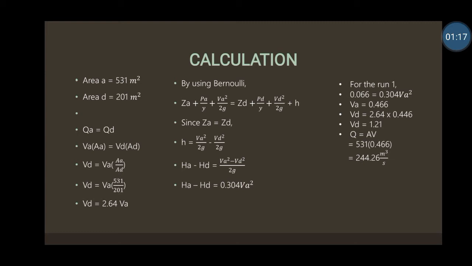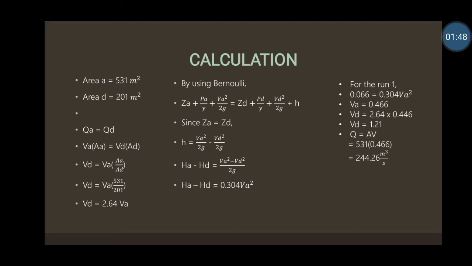From here, we simplify the formula. We got HA minus HD equals VA square minus VD square over 2G. We put the value of VD, 2.64 VA, into the formula. So HA minus HD equals 0.304 VA square.